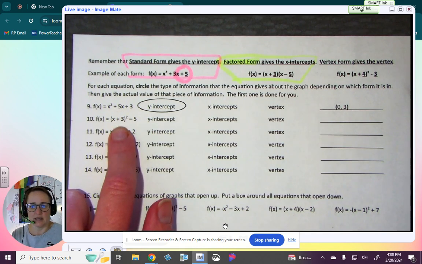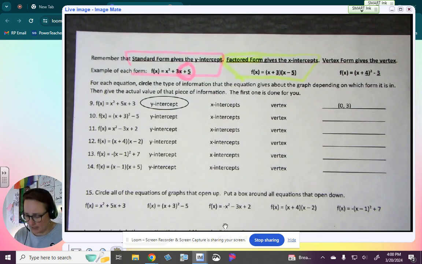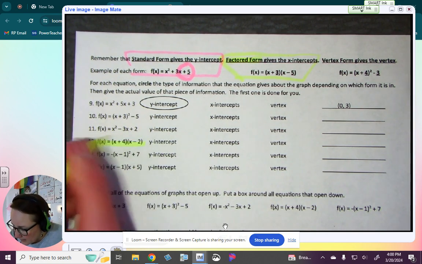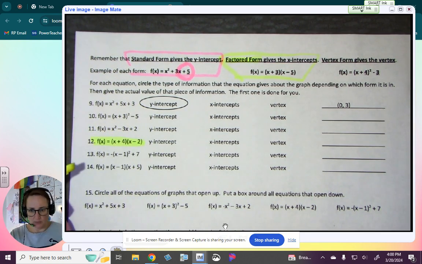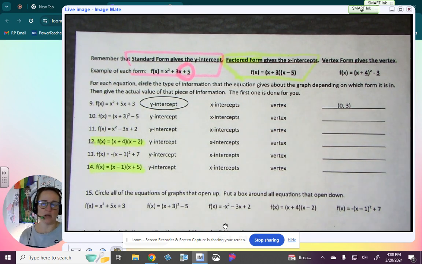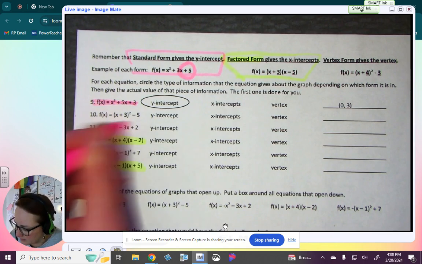That one isn't. This one is factored form. I'm even going to color code here, because I do love doing that. That is something where we have two sets of parentheses, something being multiplied with no exponent, no squared. This one is an example of standard form.